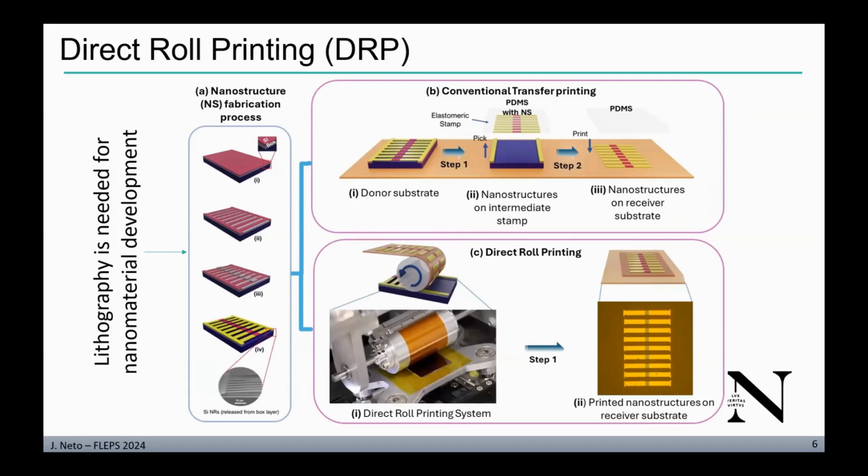Now, in the literature, there are lots of papers you will come across about transfer printing, which is an interesting technique. Much of the work from John Rogers' group is based on transfer printing, in which you define and develop the structure as I explained, and then using a PDMS stamp, you pick these structures from the donor substrate and transfer them to the receiver substrate. Then after that, you process them further to develop the device.